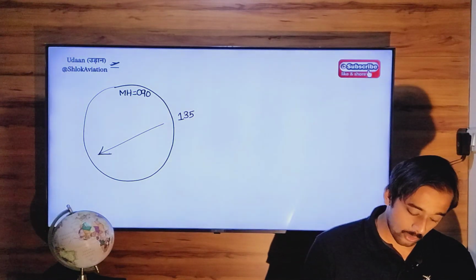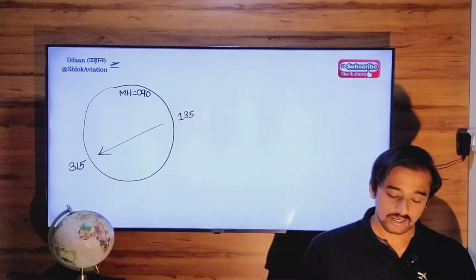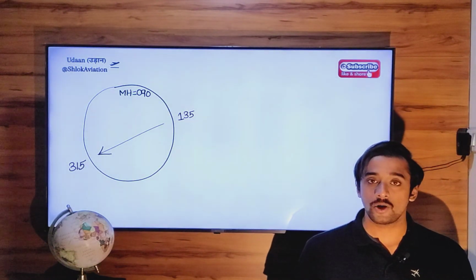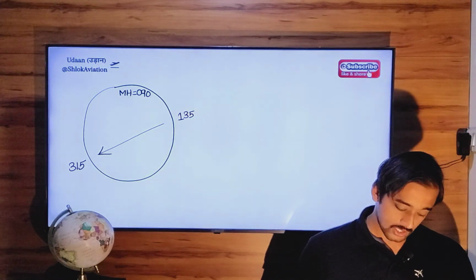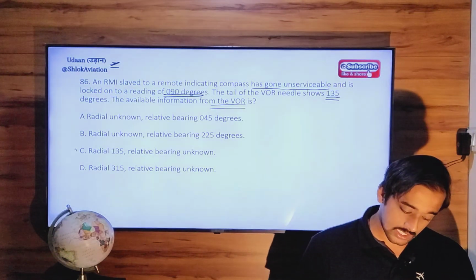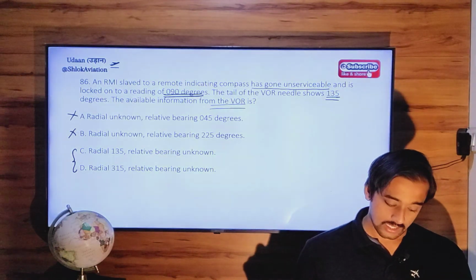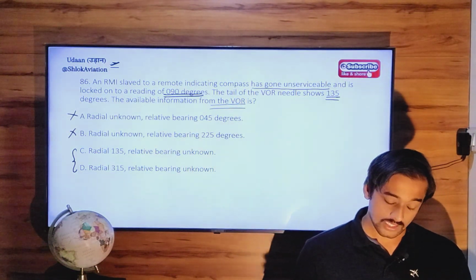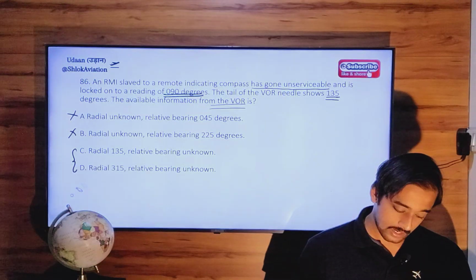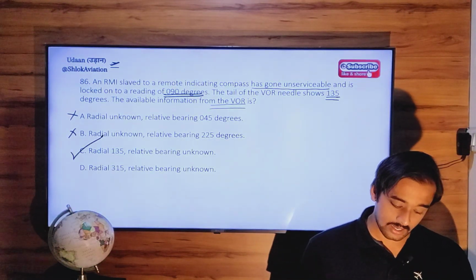The head will be pointing towards 315. So the tail indicates the radial your aircraft is situated on. So the correct option will be between option C and D. So radial 135 is the correct one, right? So indirectly your answer is option Charlie.